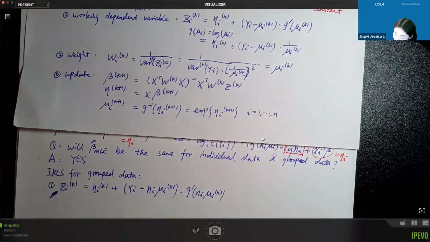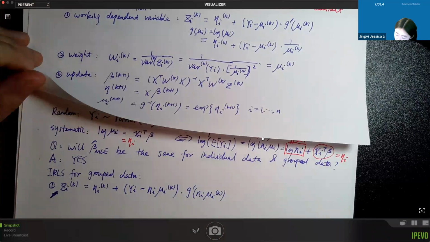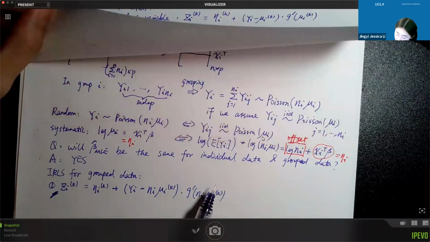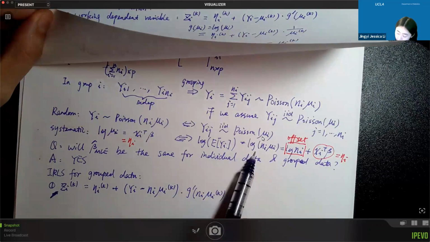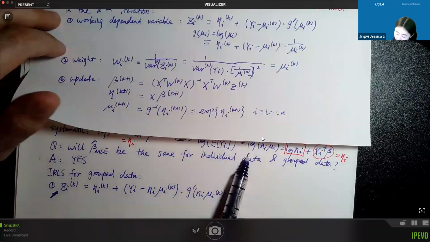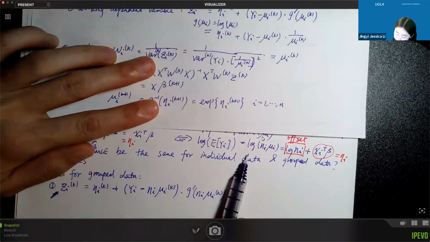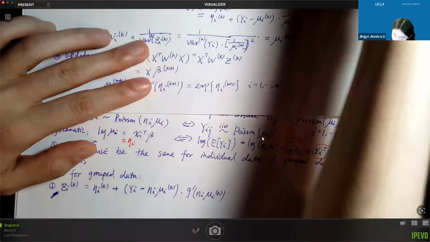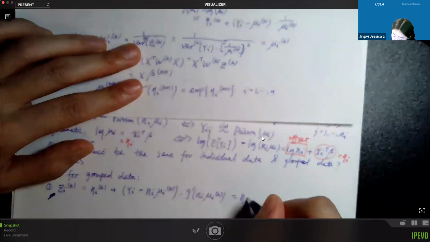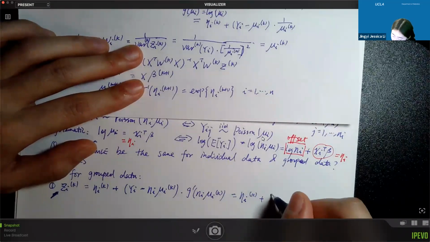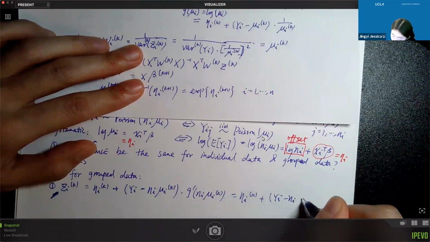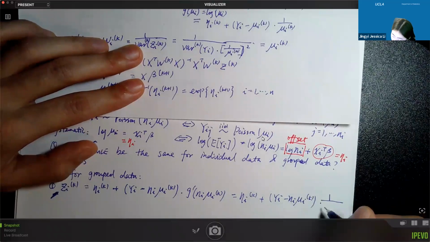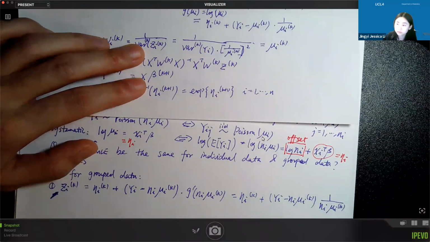Then you can see something interesting. What is g? This is still g, and g is still log. So when I take the g prime, it's still 1 over the argument. So for the second term, I will basically have y_i minus n_i times mu_ik, times 1 over n_i mu_ik.